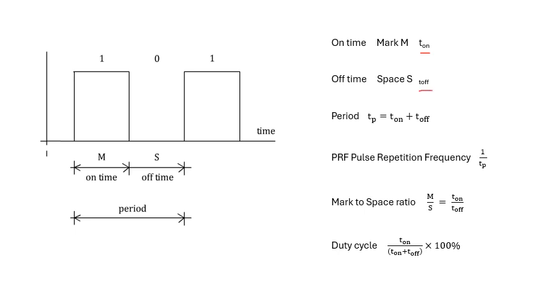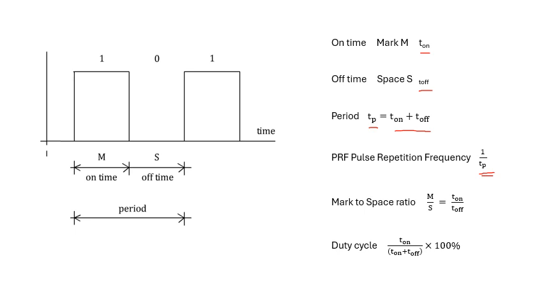The period is the time for one cycle, so that's just T on plus T off. Then the frequency is 1 over the period, so that's the PRF, the pulse repetition frequency. So that will be 1 over TP. The mark to space ratio is M over S, so T on over T off.